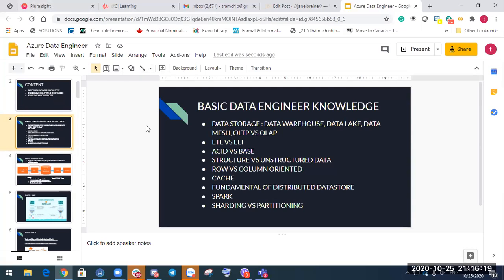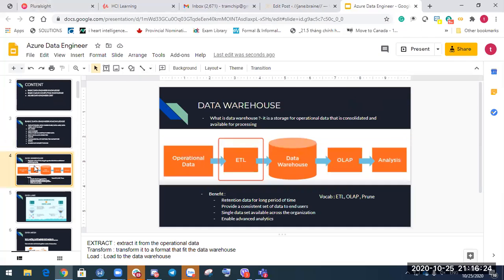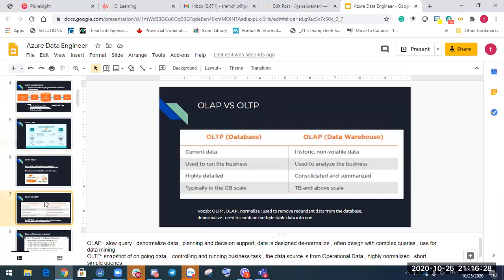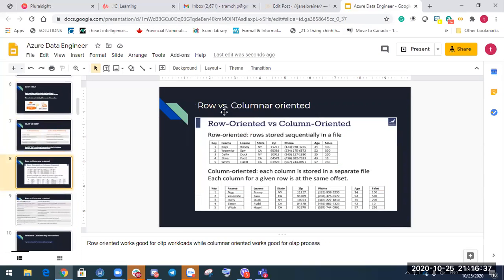Before we go further, let's just recap what we talked about. We talked about data warehouse, data lake, and also OLAP and OLTP. I want to highlight that understanding OLAP, OLTP, and row and columnar is very, very important, and you need to remember these differences by heart, because they come up not only when you work with databases, but also in multiple exams for different clouds later on.